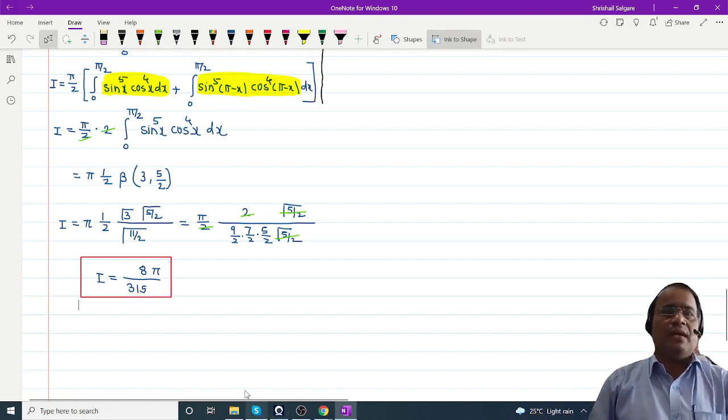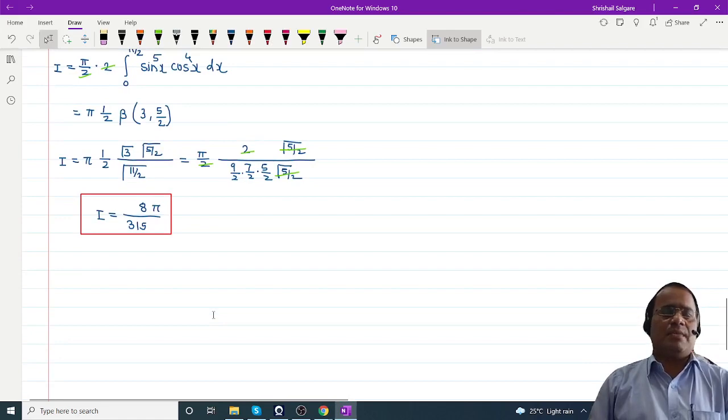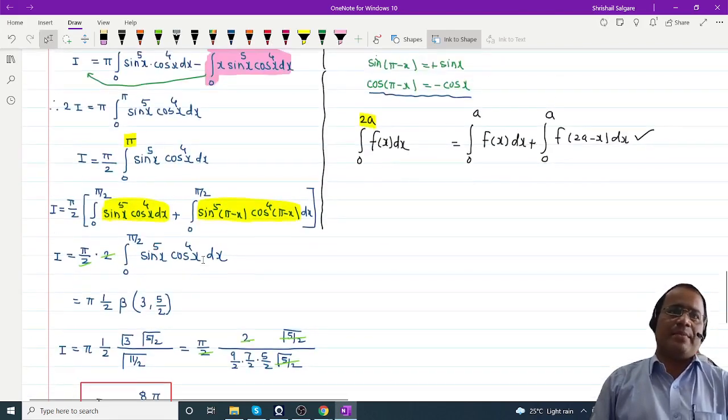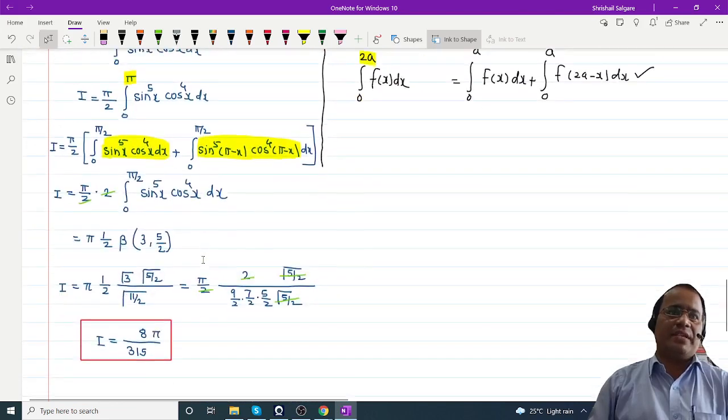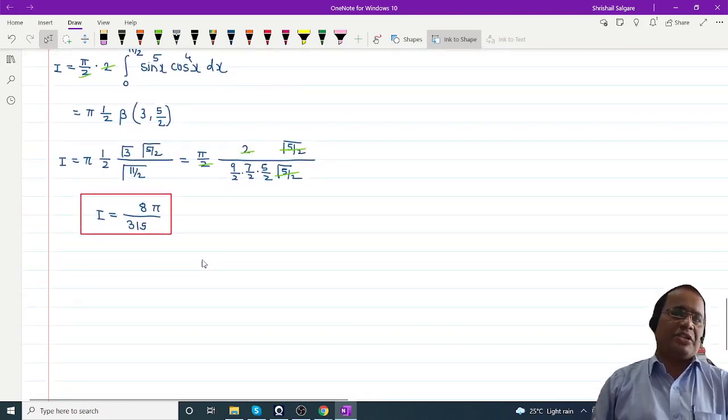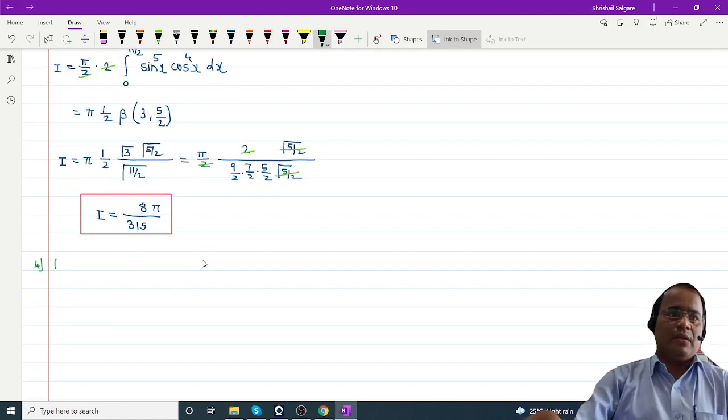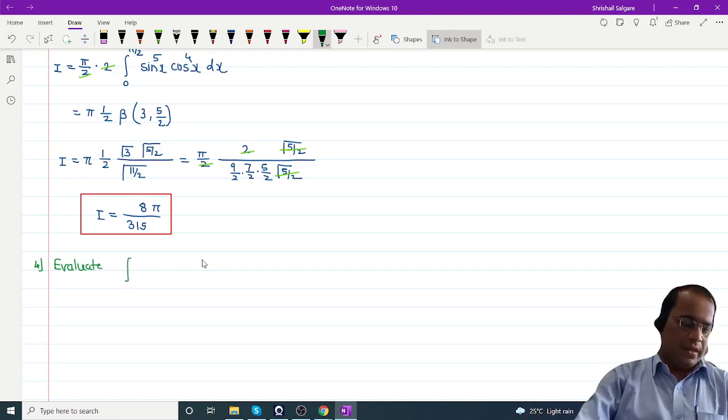Okay. Now next I will consider some algebraic terms in the integrand, and suppose that the same integrals you are evaluating by using the second definition. Fourth example: evaluate the integral 0 to a of x raised to 4 divided by the square root of a square minus x square.